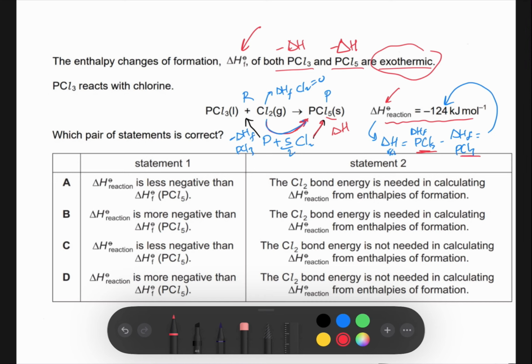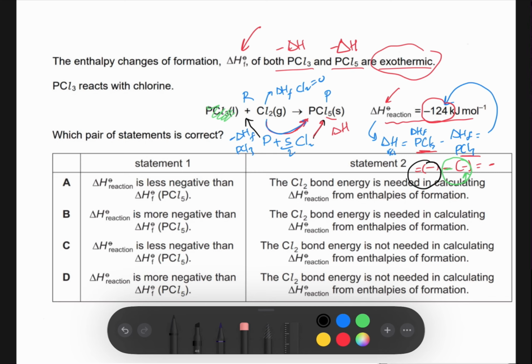And since we have a negative answer, negative minus another negative equals a negative answer. Since PCl3 is already subtracted, at this point it becomes positive. In order to have a negative answer, you should have a very great magnitude of negative PCl5.